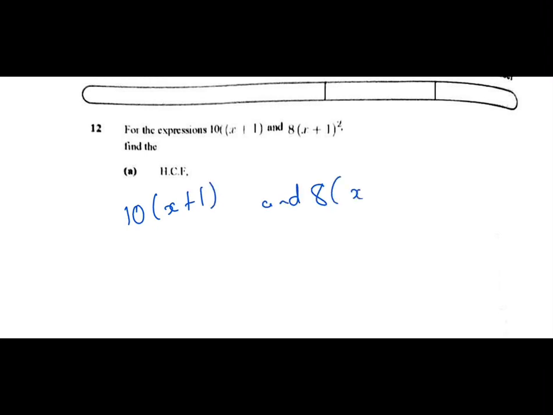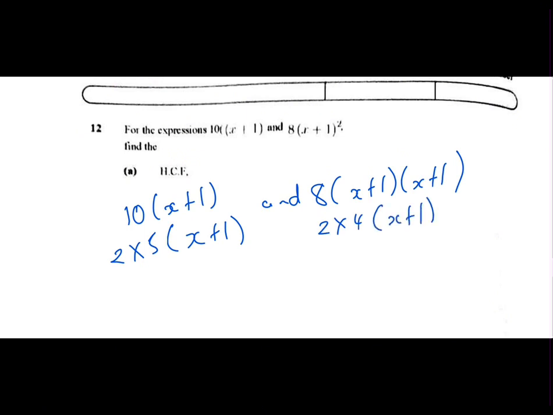That's how we can find the common factors. So for 10 bracket x plus 1 and 8 bracket x plus 1 squared, we can expand it. 10 bracket x plus 1 can be rewritten as 2 times 5 bracket x plus 1, and 8 bracket x plus 1 squared can be rewritten as 2 times 2 times 2 bracket x plus 1 bracket x plus 1.